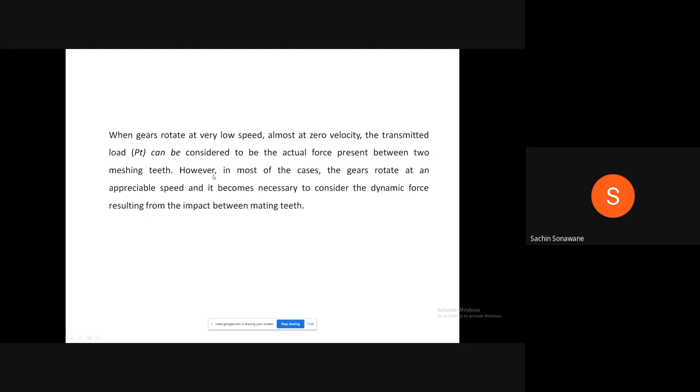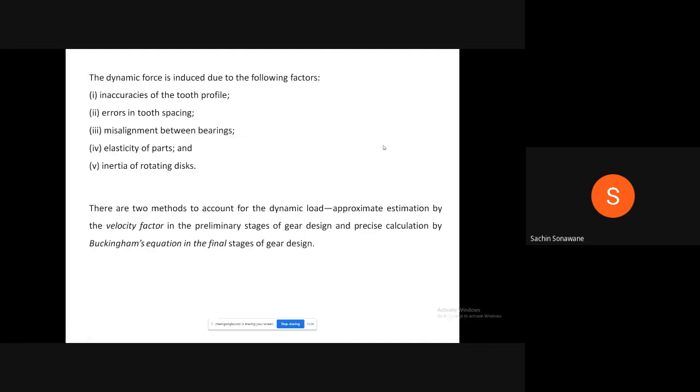However, in most cases, the gears rotate at an appreciable speed and it becomes necessary to consider the dynamic force resulting from the impact between the mating teeth. First of all, I will explain, then I will tell you to write this down. The dynamic force is induced due to the following factors.